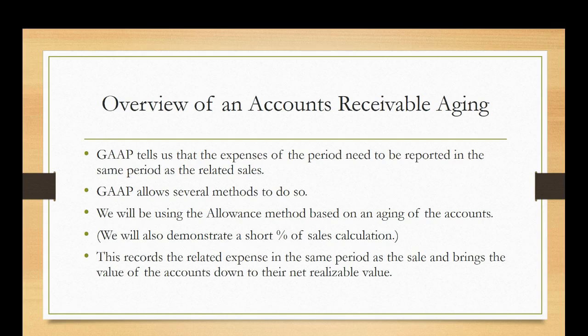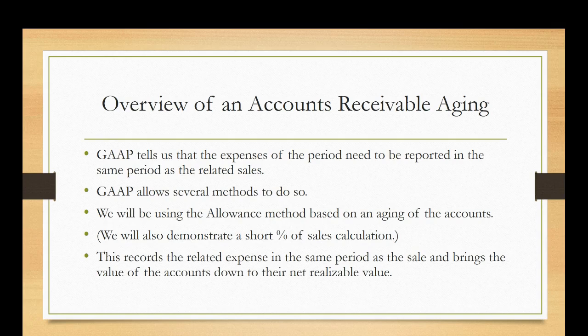We call this in accounting the matching principle. GAAP does provide several methods for us to do so. One of the methods is called the allowance method, which is based on an aging of the accounts receivable. In this video, we will also demonstrate a short percentage of sales calculation as well.